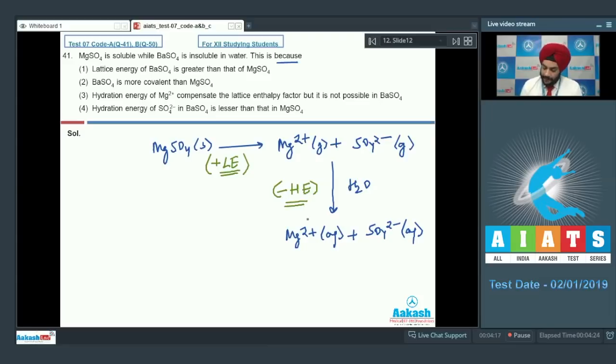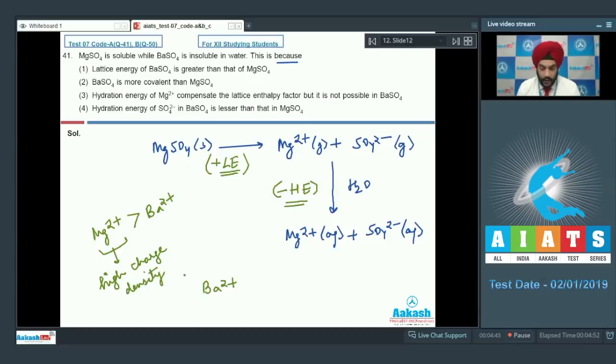If we talk about Mg2+ and the other ion which will be formed, Ba2+, this Mg2+ is more hydrated than Ba2+ because it has a high charge density. So due to this extensive solvation, the hydration enthalpy of Mg2+ will be greater as compared to Ba2+ ions.